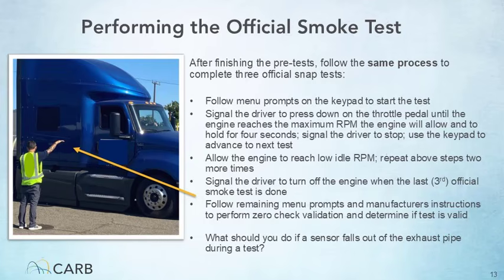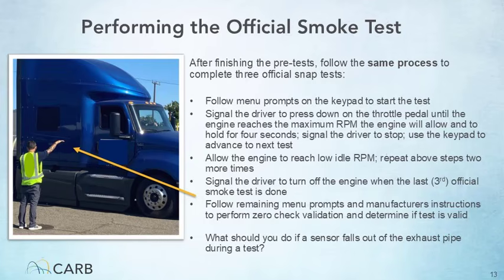Signal the driver to stop, then use the keypad to advance to the next test. Allow the engine to reach low idle RPM, then repeat the above steps 2 more times. When the third and last official smoke test is done, signal the driver to turn the engine off.